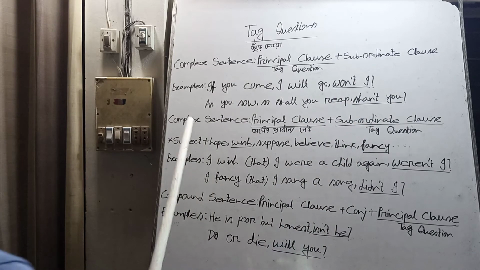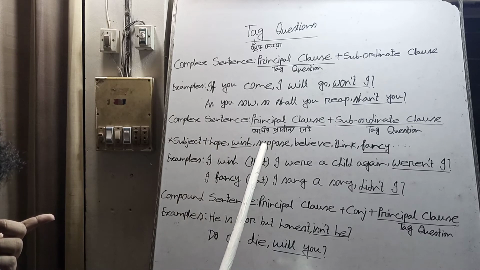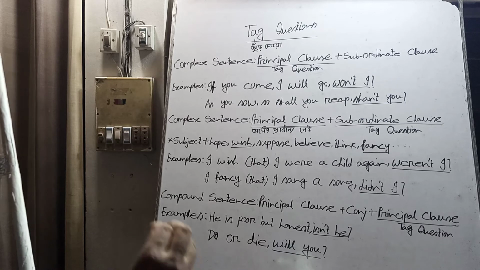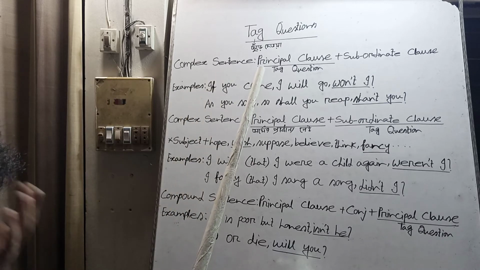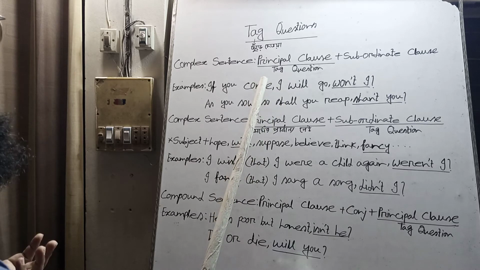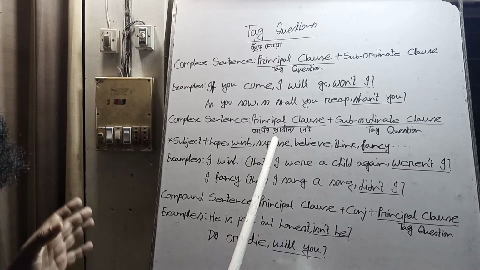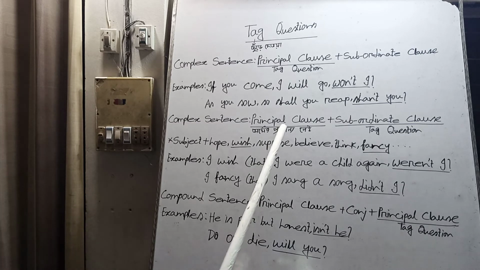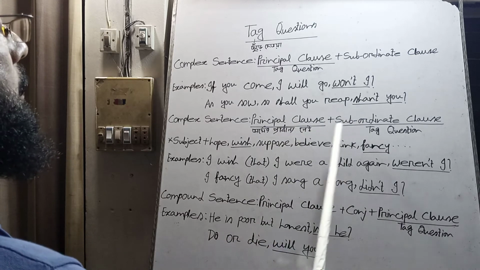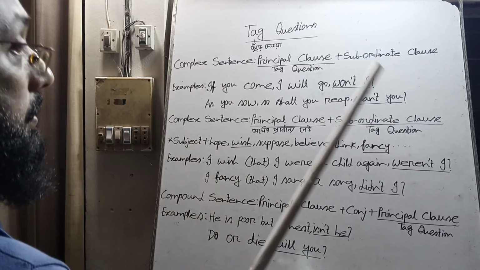My dear students, if we find any complex sentence whose principal clause has no importance of meaning, then we will make the tag question of the subordinate clause in this respect.